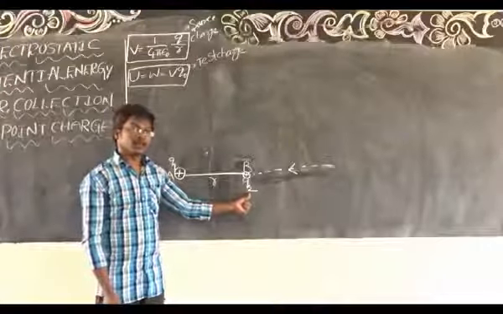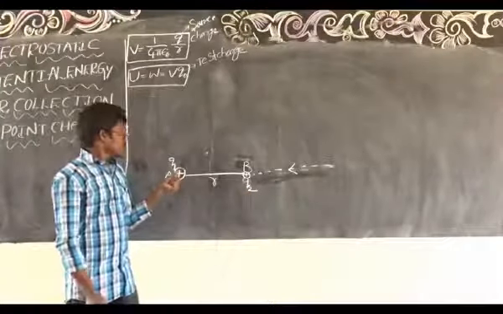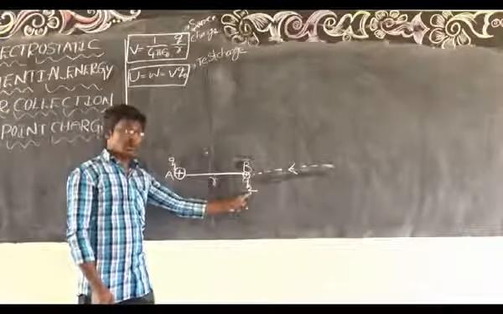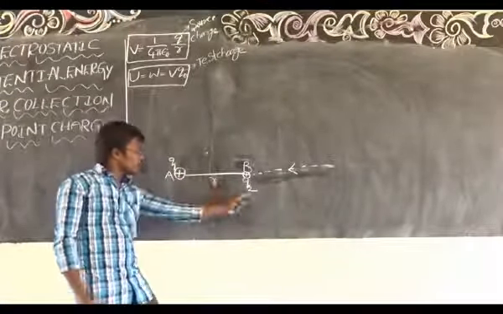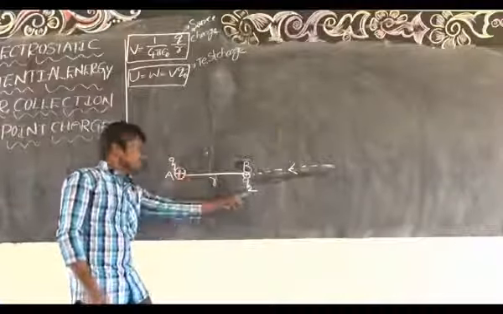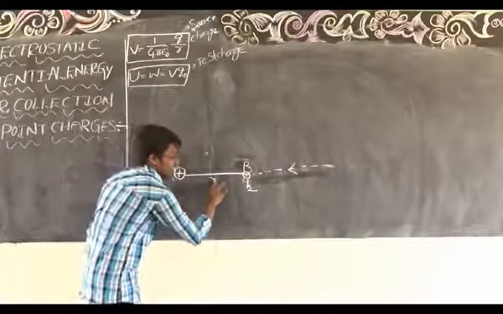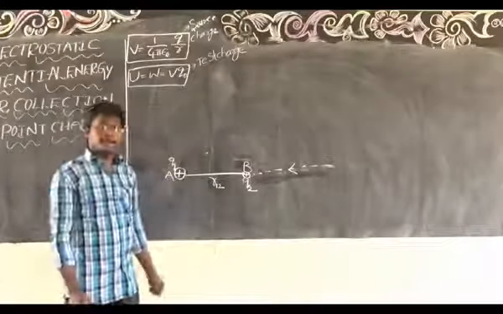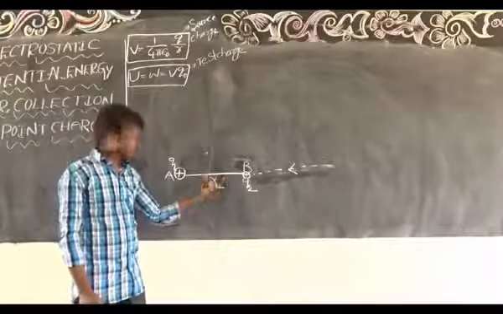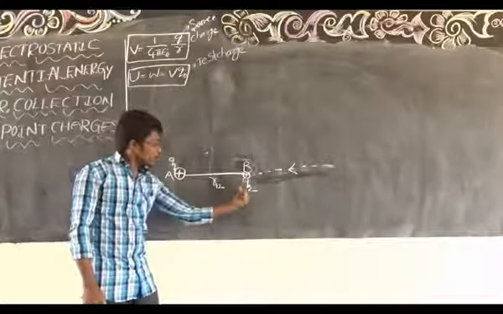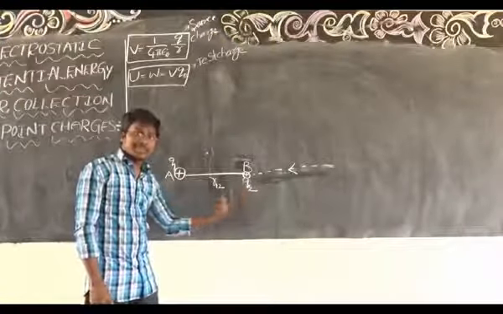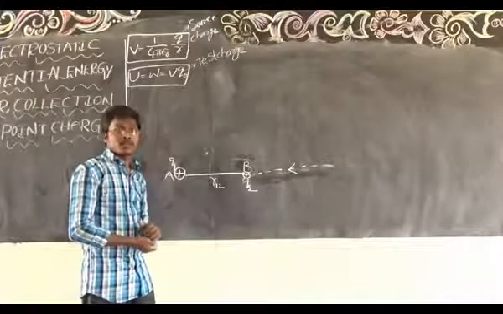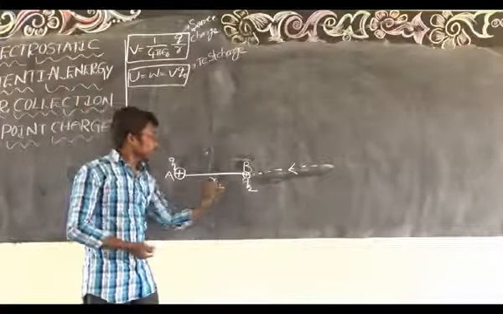Correct. Now the distance between these two, the first charge and the second charge, I am indicating as R suffix 1 2. That is the distance between the two charges.